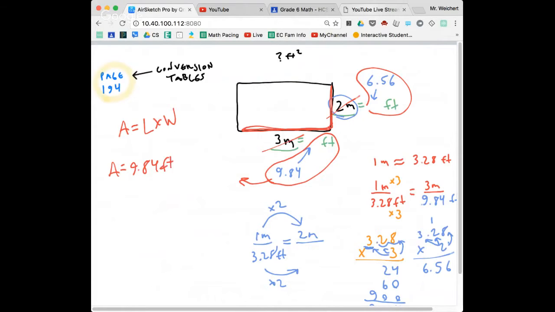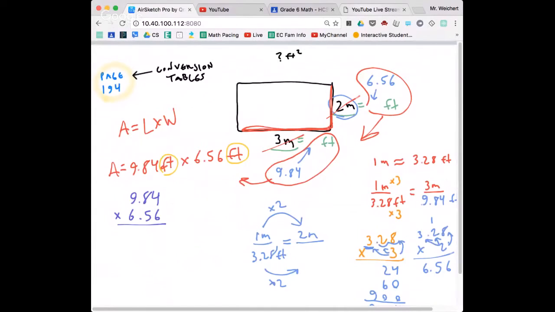9.84 feet multiplied by this guy, 6.56 feet, and that'll give us our area in square feet, right? So we need to do the math. You would then set it up something like this, and you do all that fun math, okay?